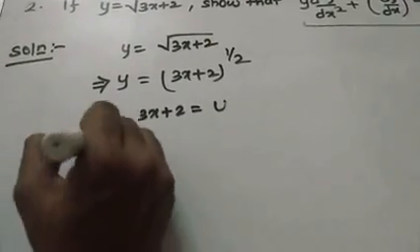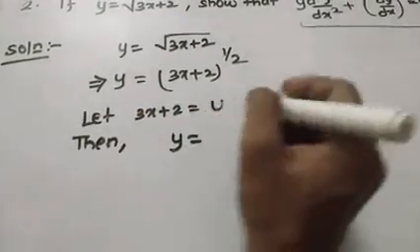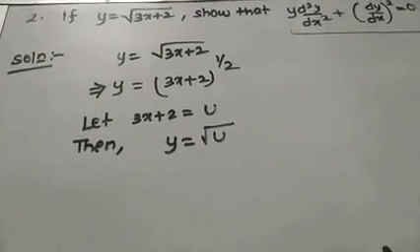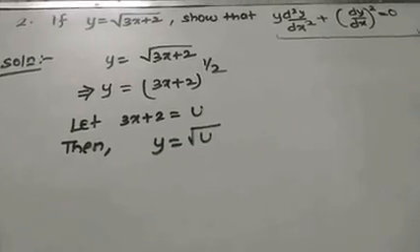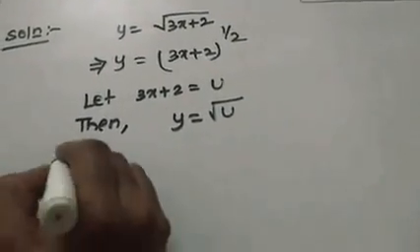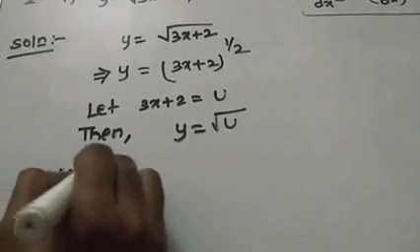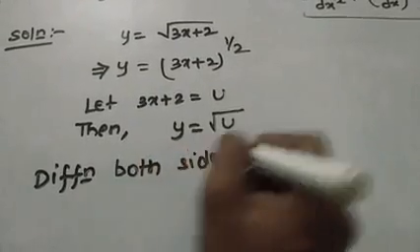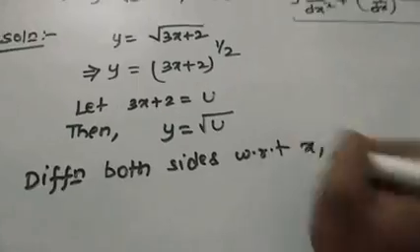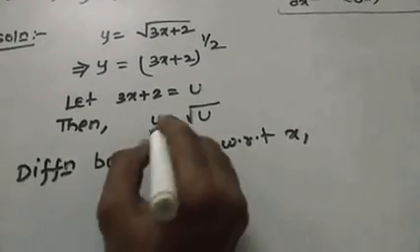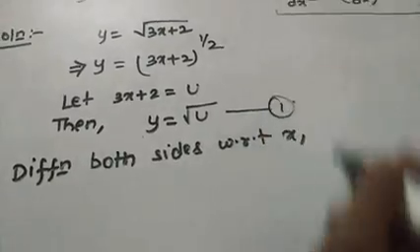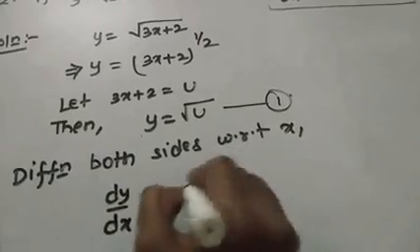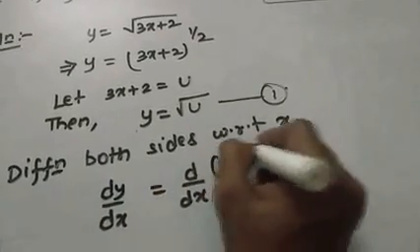So then your y is converted into the form u to the power half, or you can say root over u, as you wish, because we have assumed 3x plus 2 as u. Now differentiating both sides with respect to x. So we get, we are differentiating expression number 1, dy by dx, and this side d dx of root over u.